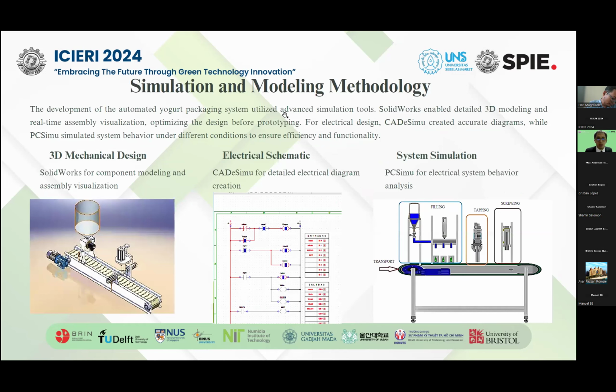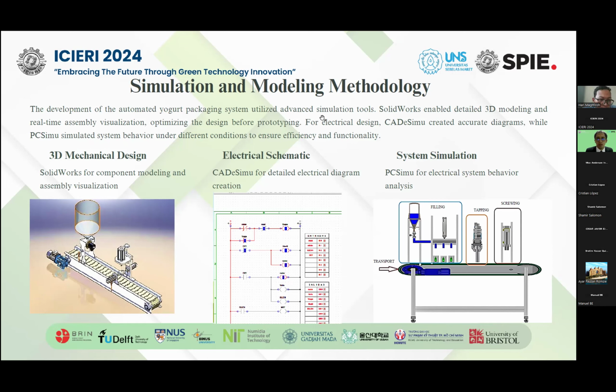This part is about the simulation and modeling methodology. The development of the automated yogurt packaging system relied on advanced simulation tools to optimize design and functionality. SolidWorks was utilized for detailed 3D modeling, allowing us to visualize the assembly in real time and refine the design before moving to prototyping. For the electrical design, Caresimo was employed to create accurate diagrams that ensure proper system integration.